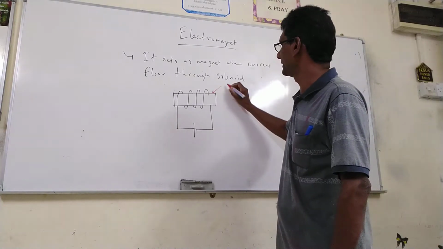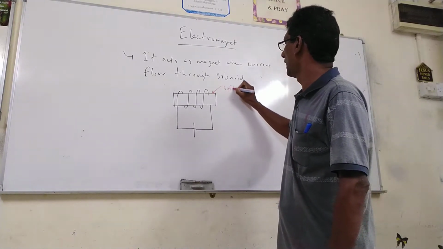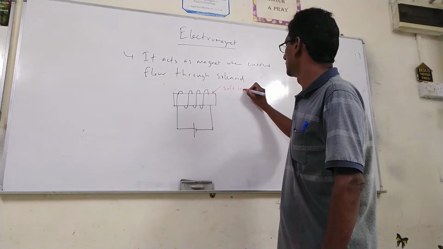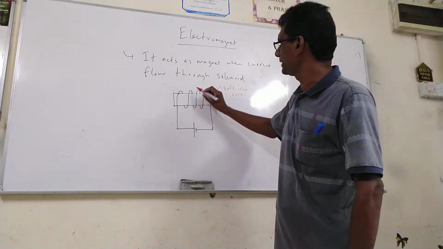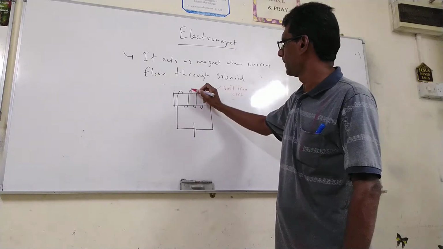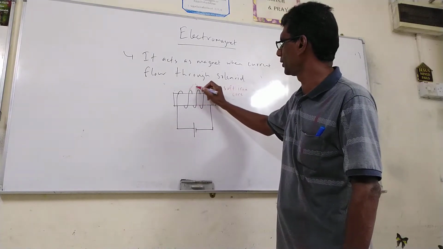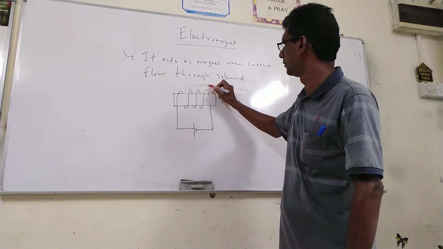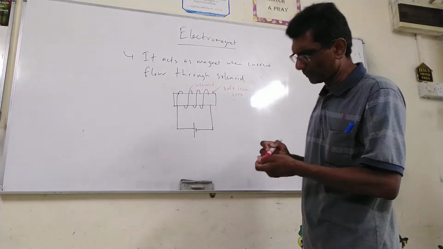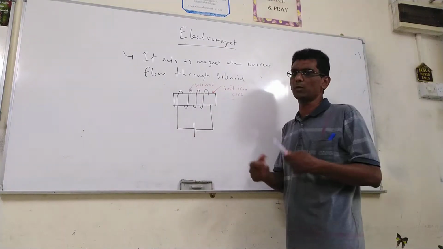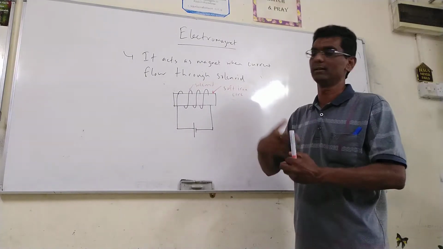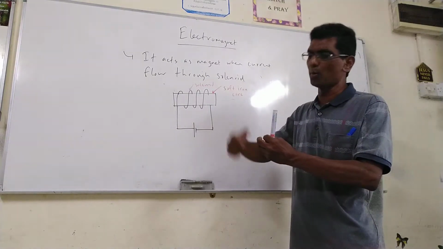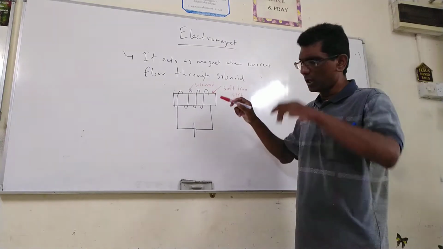Now this one we call a soft iron core. And this one we call a solenoid. Solenoid means it's a wire, like copper wire, wound around, bundled.